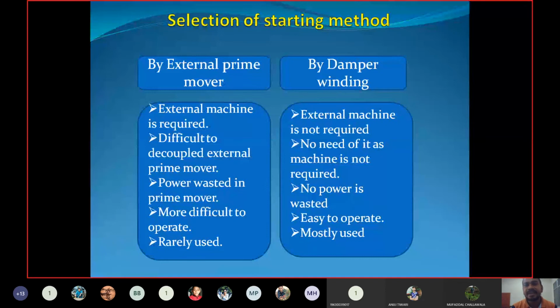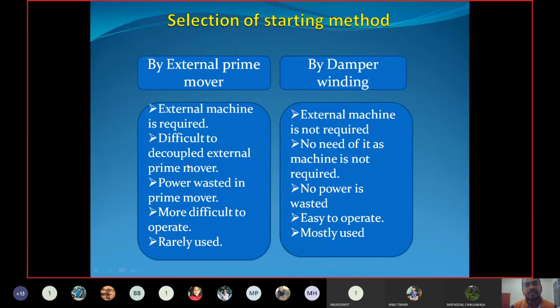Whereas in the damper winding method, an external machine is not required. We do not need an external machine to rotate the rotor of the synchronous motor. Also, it is difficult to decouple the external prime mover.